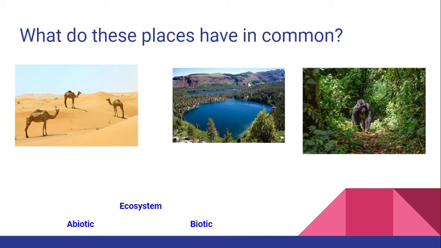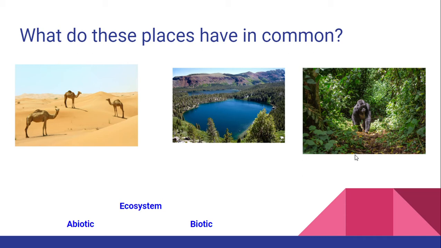But there's also non-living things like the water or the rocks or the mountains in the background. And finally, we see the forest. There's living things like the gorilla and the trees and the leaves. But there's non-living things like, again, the twigs on the ground and the rocks and mulch he's walking on.